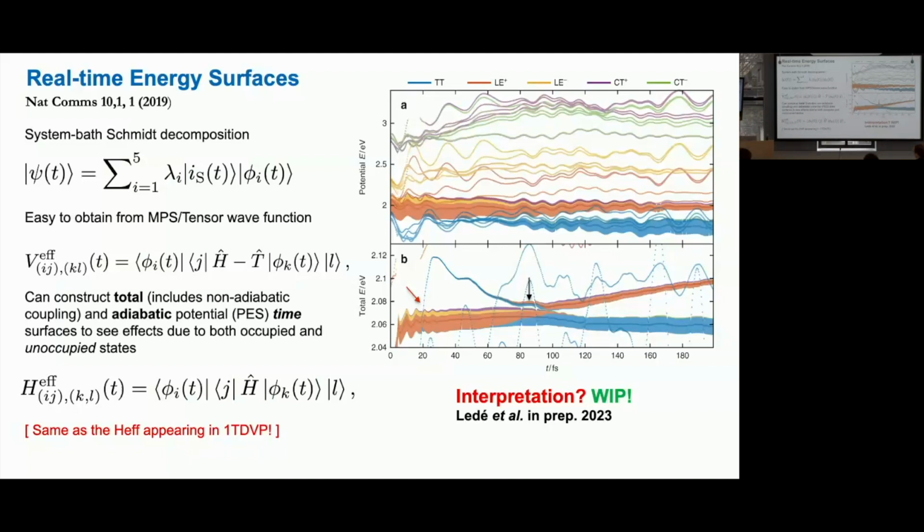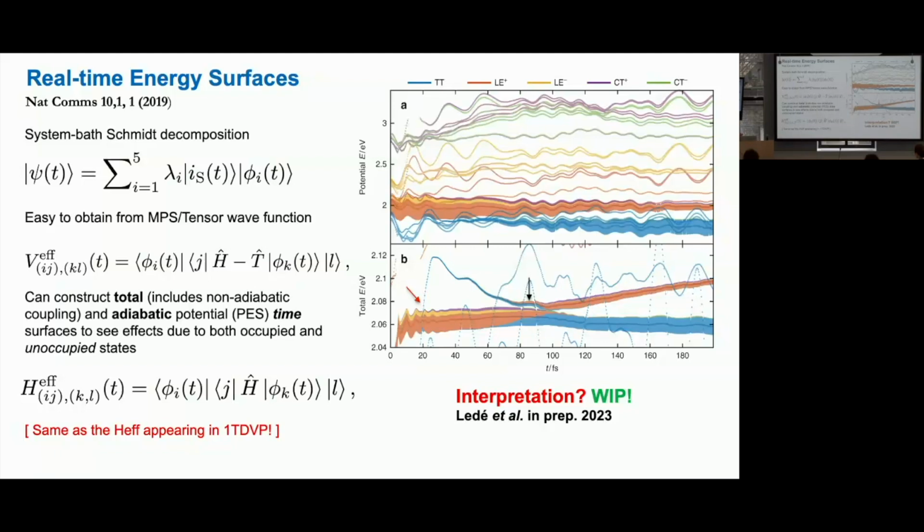But we use the Schmidt decomposition to actually do the dynamics. If you just make a bath environment split, particularly in this particular problem, you get 5 states, where a system state is associated with some many-body environment state. So we can't visualize everything in 256 dimensions, but we can do it in the one dimension that we do have, which is time.